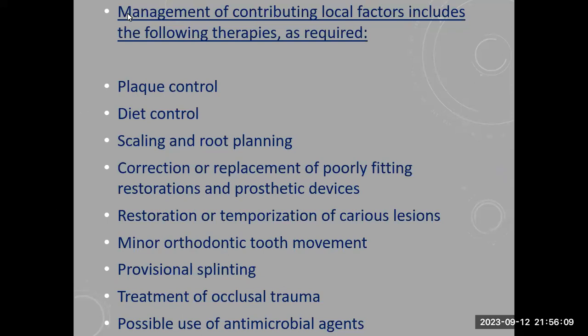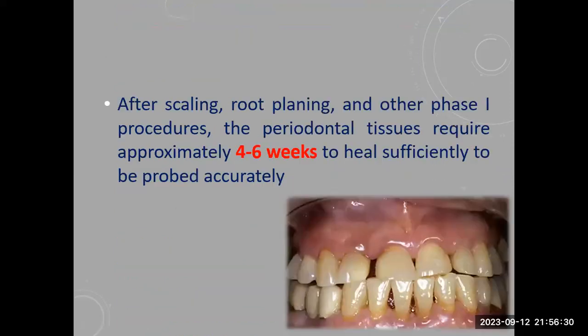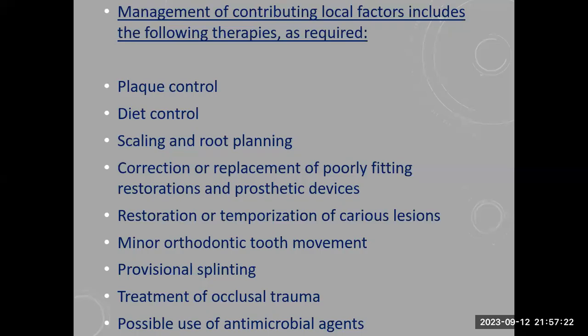Okay. So going next to, these are all phase 1. After scaling, root planing, and so, as we said, we will treat occlusal trauma as well and the possible use of antimicrobial agents.